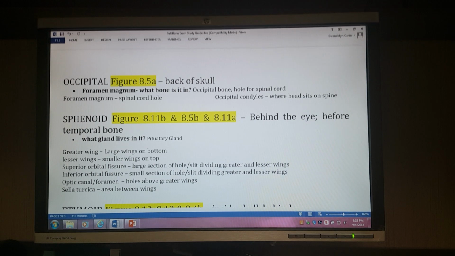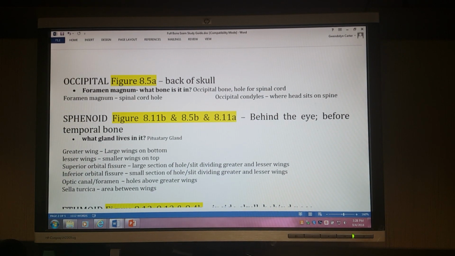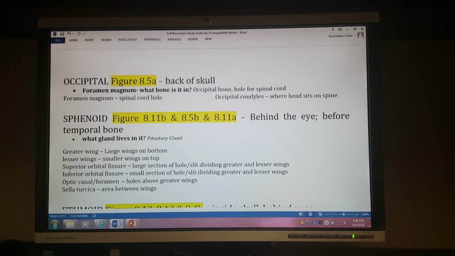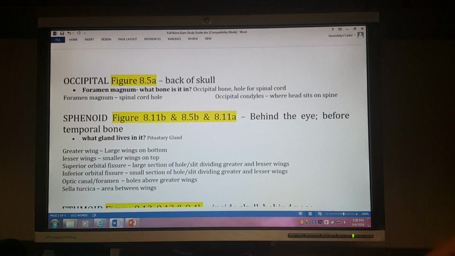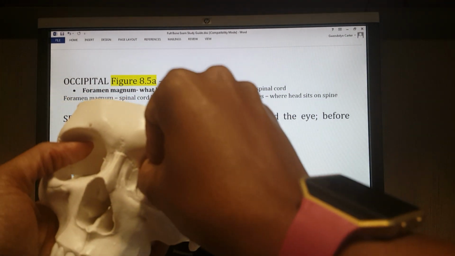So for the holes of the sphenoid bone, looking at the superior orbital fissure, thinking superior being above, it's the smaller one here up at the top.